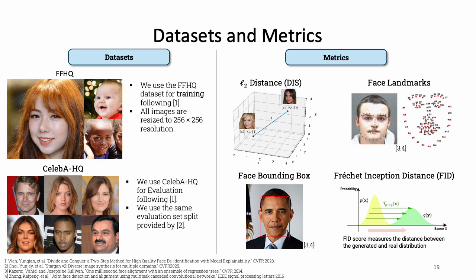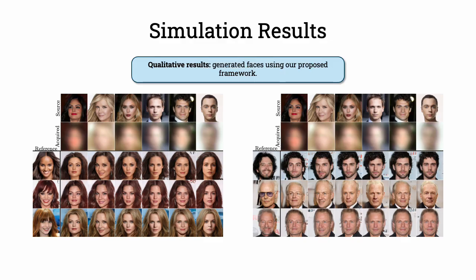We further evaluate the utility of our generated images and the preservation of facial attributes from the source image by measuring the face landmarks, face bounding box, and the Frechet inception distance. Note that in general, we are interested in increasing the L2 distance while decreasing the other metrics as much as possible.